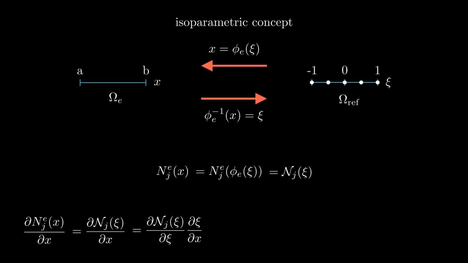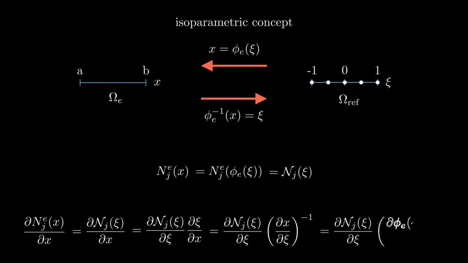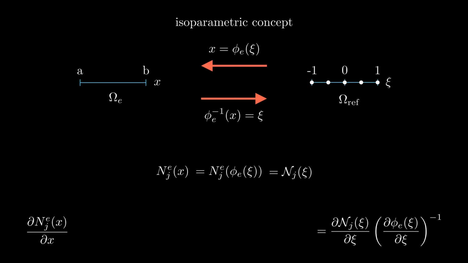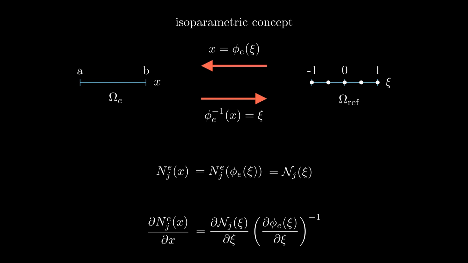We then invert the derivative of xi with respect to x and substitute x with phi e of xi. We arrived at an interesting result. While the values of the shape functions on the actual elements are equal to the values of the shape functions on the reference element, the shape function derivatives on the actual elements are not equal to the shape function derivatives on the reference element.